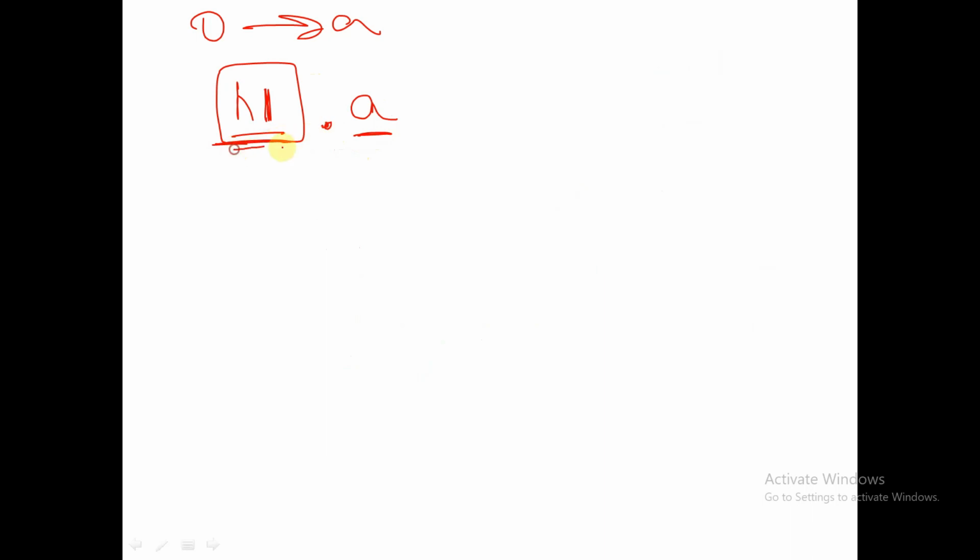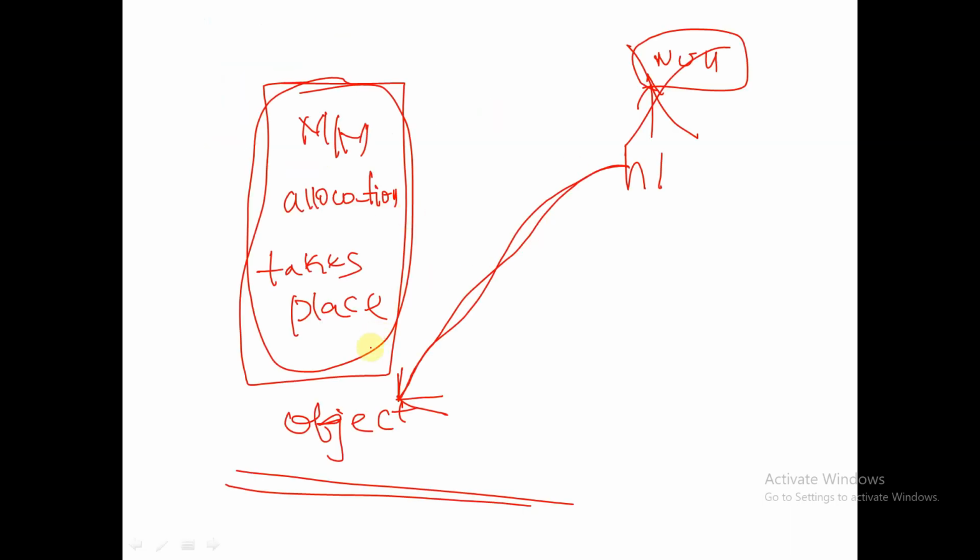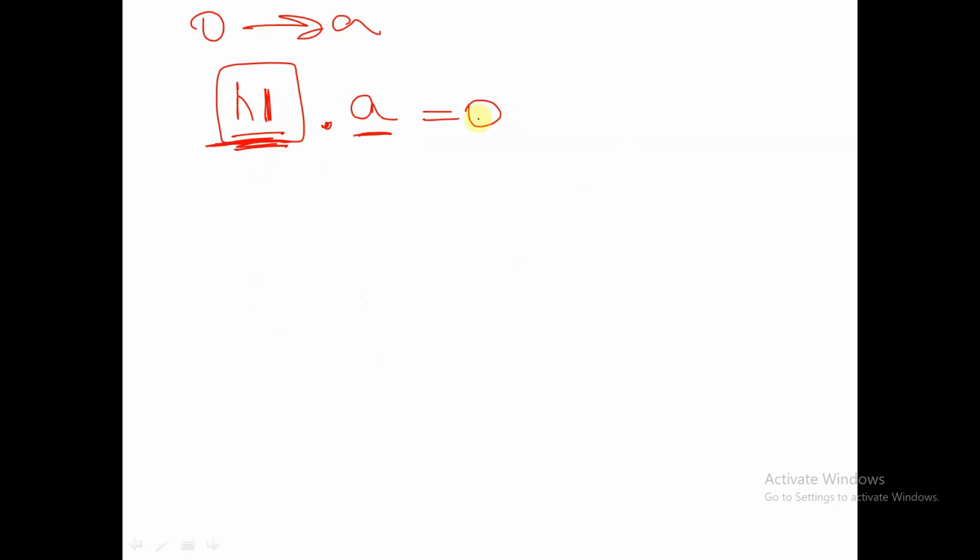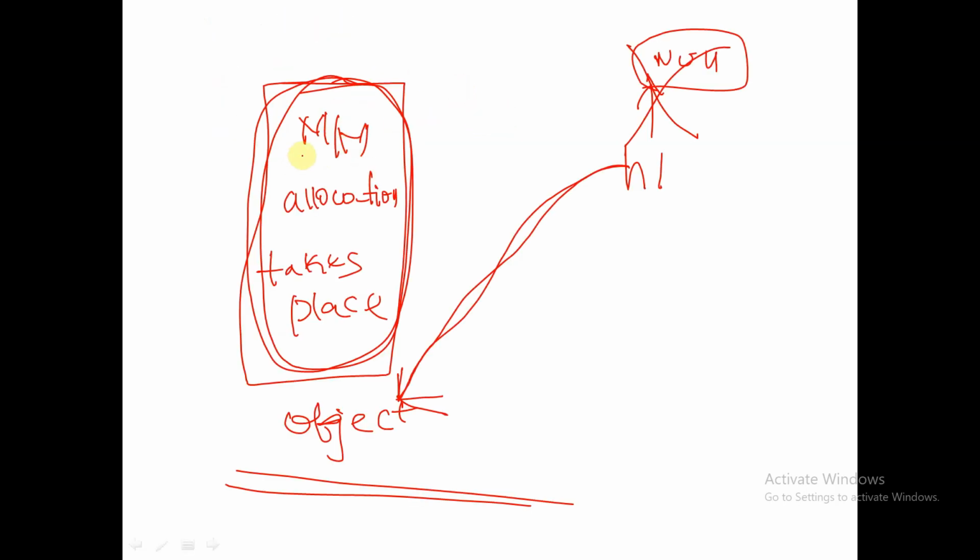So we'll write h1 dot a is equal to 0. Since the handle is pointing towards the object, that is the memory, the value 0 will get stored into the memory. So this is how the creation of an object and the storing of values inside the memory works.